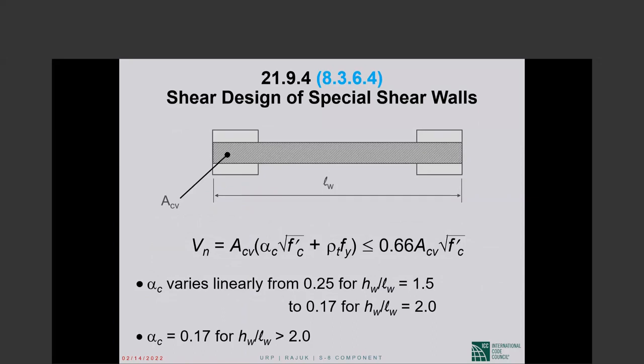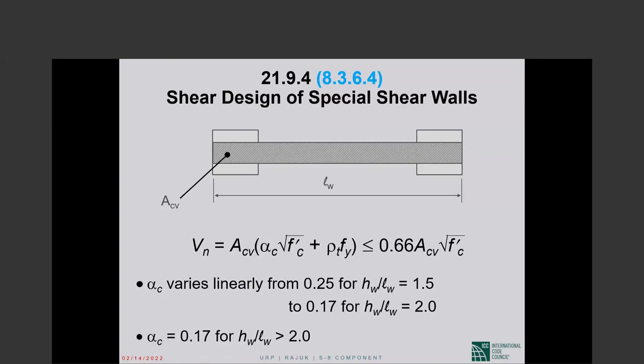the V sub u we talked about has to be less than or equal to phi times V sub n. V sub n comes partly from concrete, partly from horizontal shear reinforcement. A sub cv is the shear carrying area of the section, shown hatched in the picture.